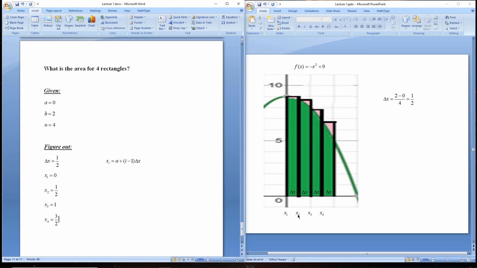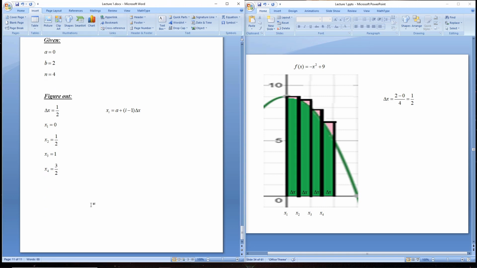Now that we have these positions, we use these positions to figure out the height of each of these individual rectangles. So x1 gives the height of the first, x2 the height of the second, x3 the third, and x4 the fourth. And so that's what we need to do next. Now that we have our x values, we're going to use these to figure out what the height is.